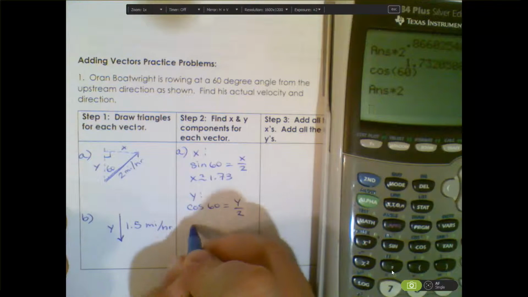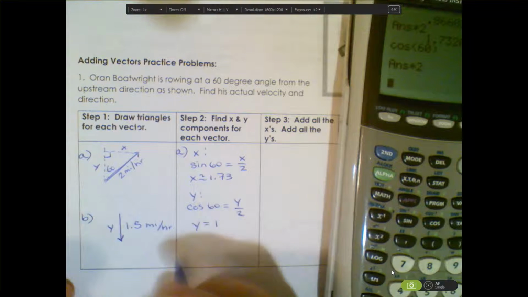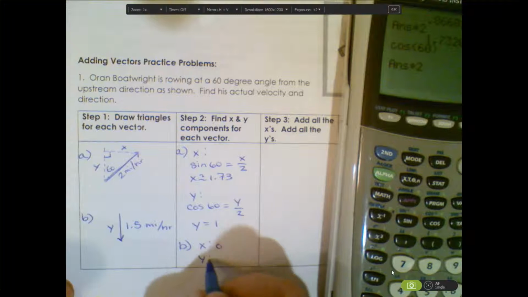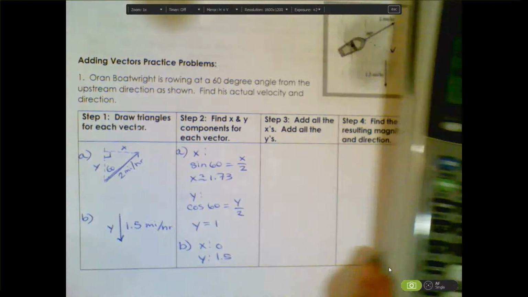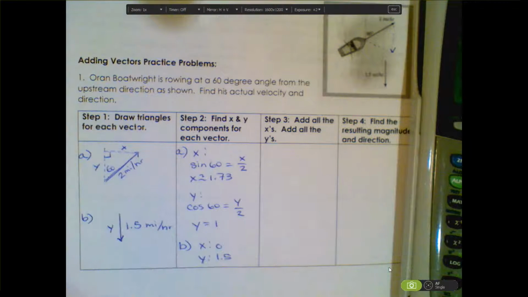And y is 1. Okay, and then on B, well, x is going to be 0, and y is just 1.5, because I don't even have a triangle. Okay, so I've now broken down the one vector to the x and the y component.